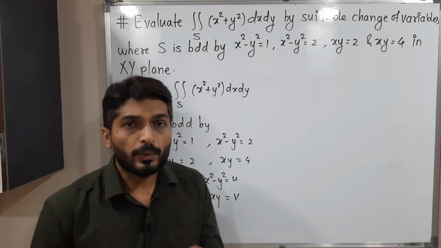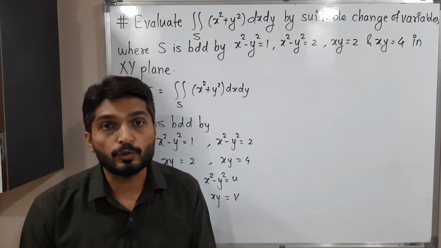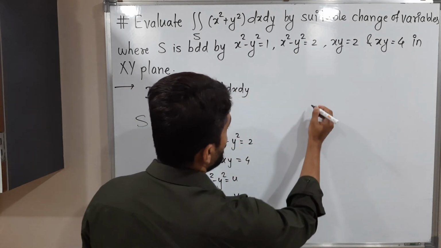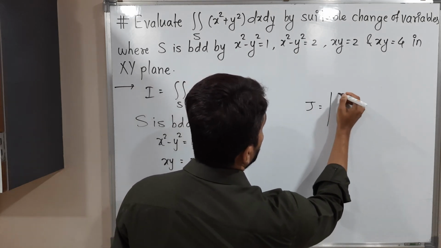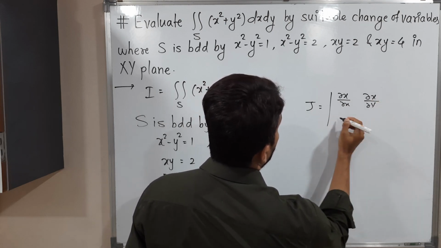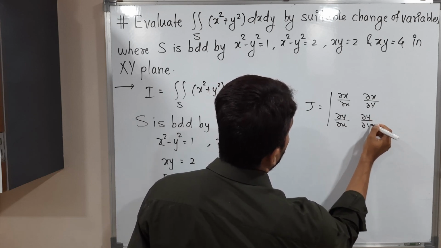Okay. So whenever in double integration we put something, it's so much necessary to find the value of the Jacobian. So now the question is, what is the Jacobian? The Jacobian is one determinant: del x by del u, del x by del v, del y by del u and del y by del v.